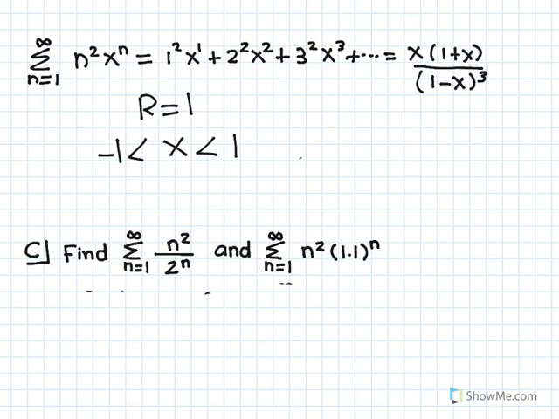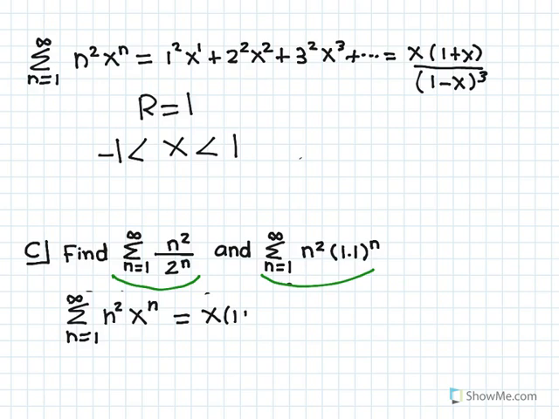All right, part C asks us to find the summation n equals 1 to infinity of n squared divided by 2 to the power of n, and the summation n equals 1 to infinity of n squared times 1.1 to the power of n. From part B, we found the summation of n squared x to the power of n, n equals 1 to infinity, to be equal to x times (1 plus x) divided by (1 minus x) to the power of 3, for absolute value of x less than 1.